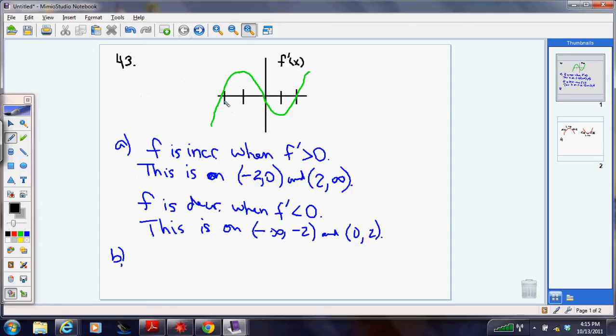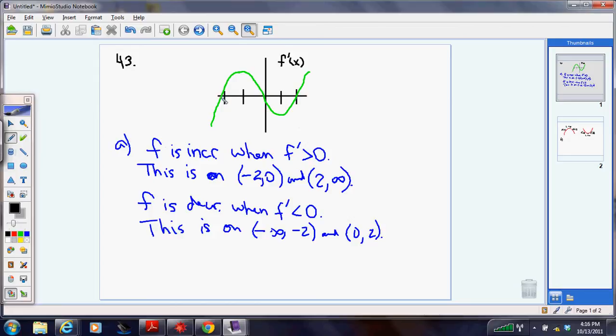So for the graph in this example, I have 3 points where f prime transitions from either positive to negative or negative to positive. At each of those 3 points we have to decide whether we have a local max or a local min.